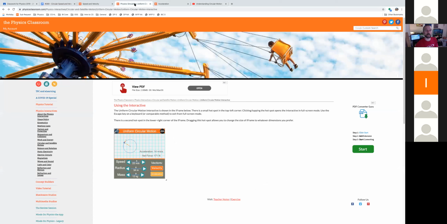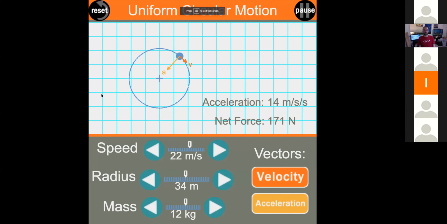Okay, so let's take a look. That's why I want you to have this animation up, right? Where's the net force? What represents the net force in this animation? What symbol represents a net force in this simulation?